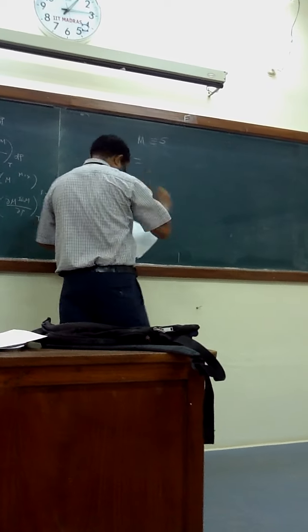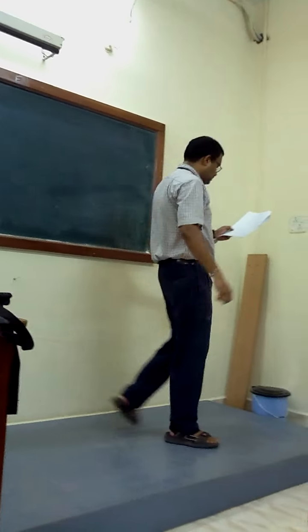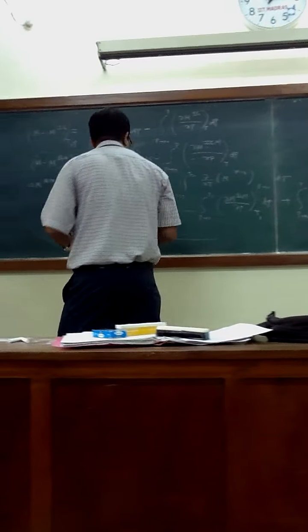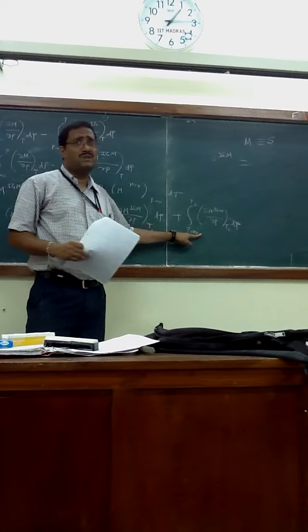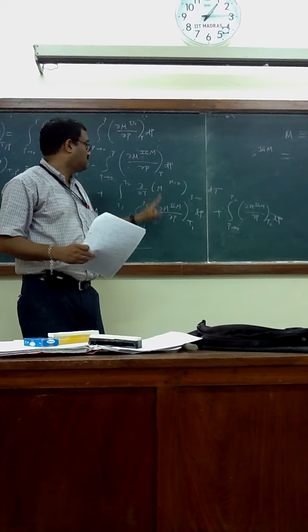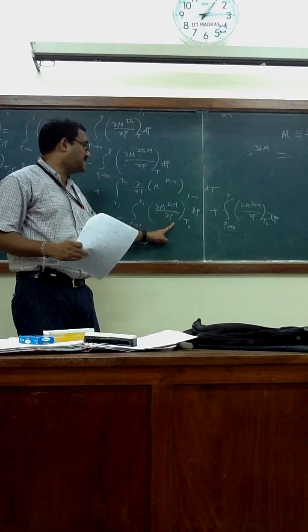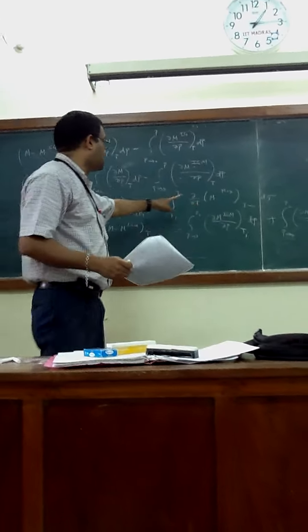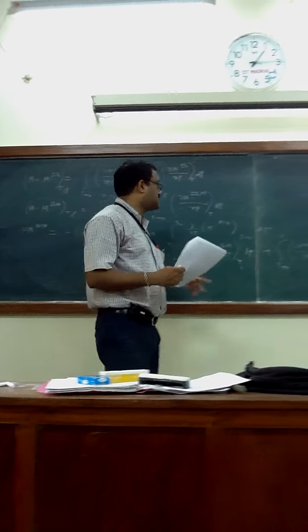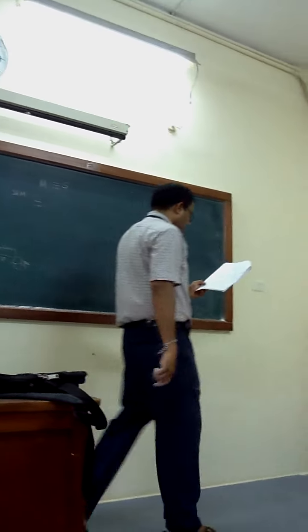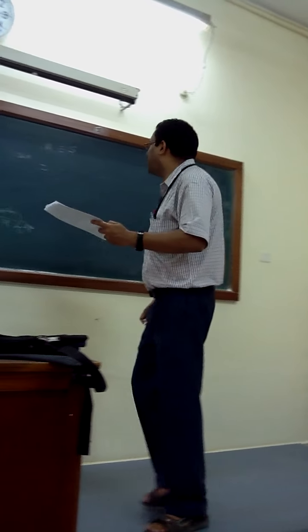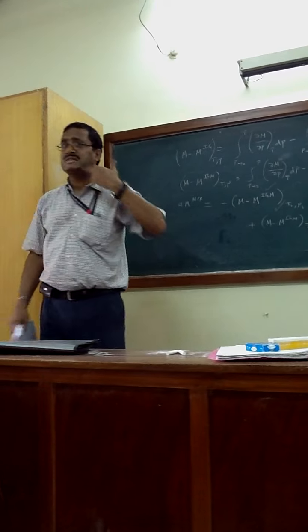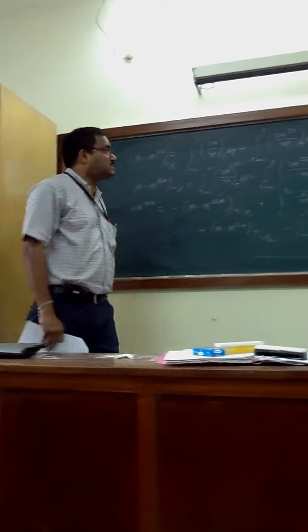What should I write? Because I have to calculate these two and this. When I put SIGM, you have to know dou SIGM by dou P at T1, dou SIGM by dou P at T is the integration part, and also dou by dou T of S mix. So first you write the expression for SIGM.